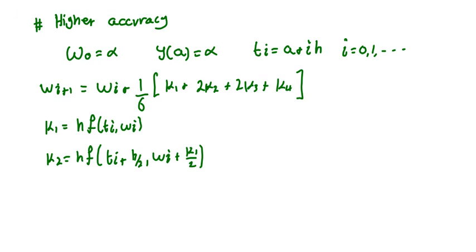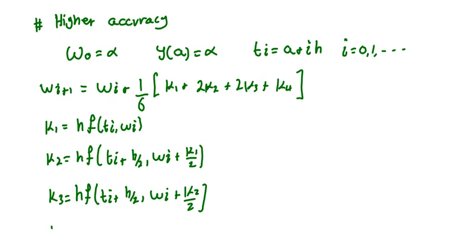Then what about our k3? K3 will be equal to h times f of, this part remains the same, ti plus h over 2 comma wi plus k2 divided by 2, like that.